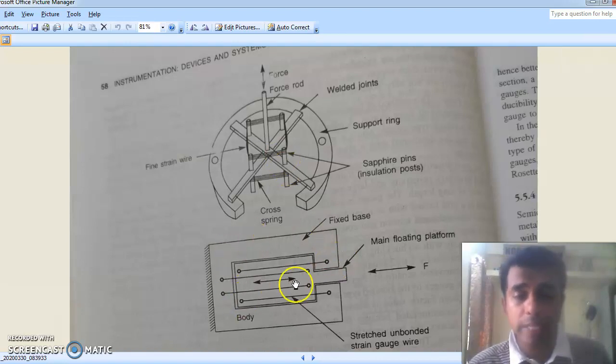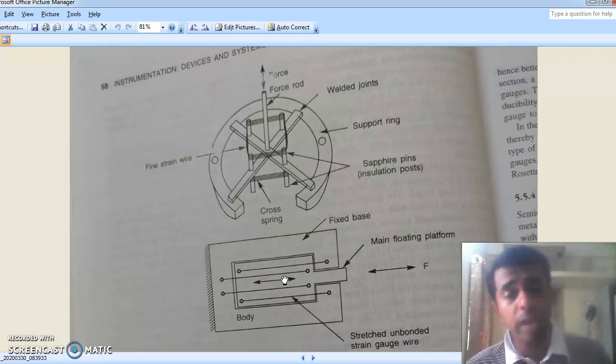Here also you can see another type, where there are 4 wires. One end of each wire is attached to the fixed base, and the other ends are attached to the moving body. This has an advantage that if we move this movable arm from left to right, we can see that 2 wires will elongate and the other 2 will contract.